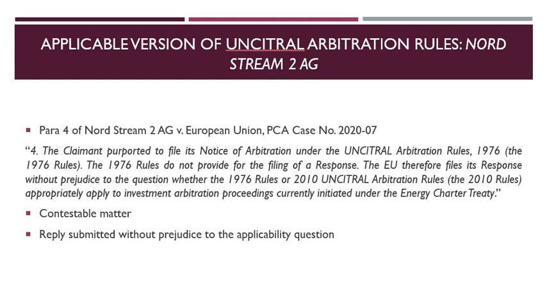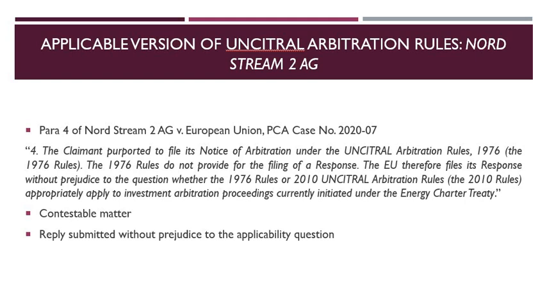The 1976 rules do not provide for the filing of a response. The EU therefore files its response without prejudice to the question whether the 1976 rules or the 2010 UNCITRAL Arbitration Rules appropriately apply to investment arbitration proceedings currently initiated under the Energy Charter Treaty.